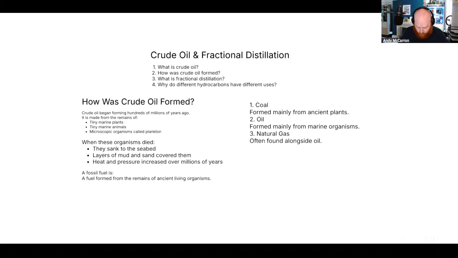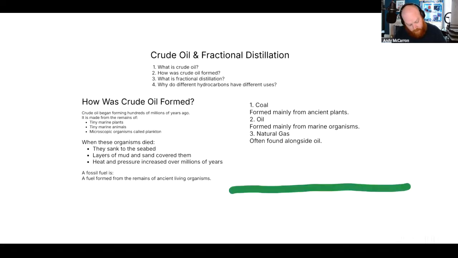So if I drew you a diagram, picture the seabed along the bottom, and under that seabed, so here's our seabed and our water and some plant life.